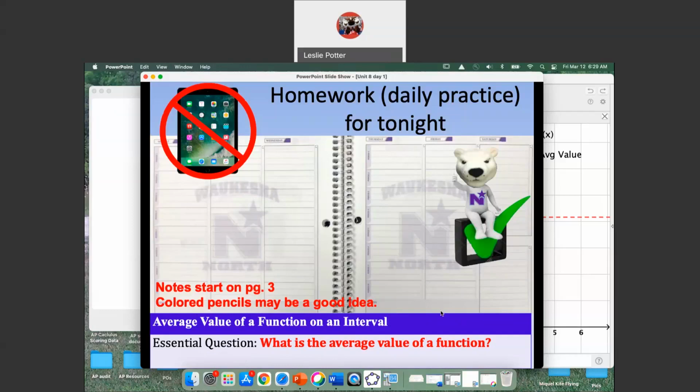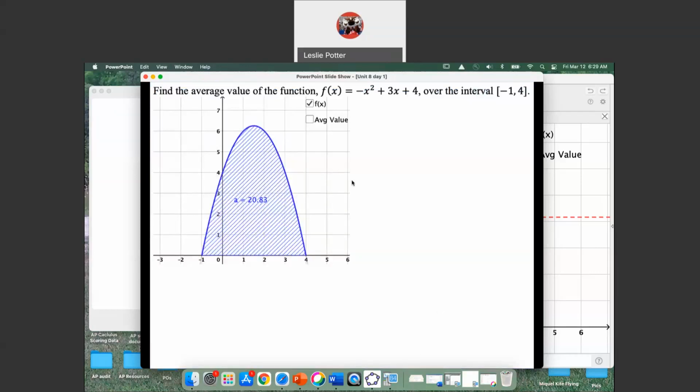When we talk about an average value of a function, I'm going to talk about this through the context of this question. Here I have this function. In this case, it's an upside down parabola. We can see it extending beneath the axis here. I want to look at its values in this domain from -1 to 4.